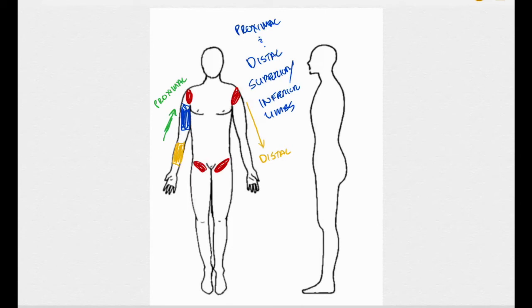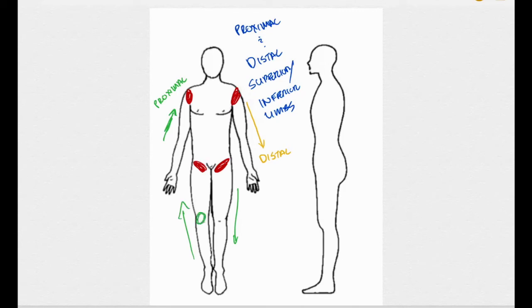So when we're talking, you might be in the wet lab and you say, oh, where is this landmark? It's like, oh, it's a little bit more distal to this, meaning it's further away from the reference point of the shoulder or the hip. And we can use the same thing for the inferior limb, like I mentioned. Distal and then proximal.